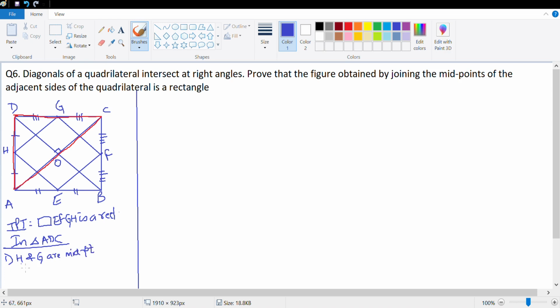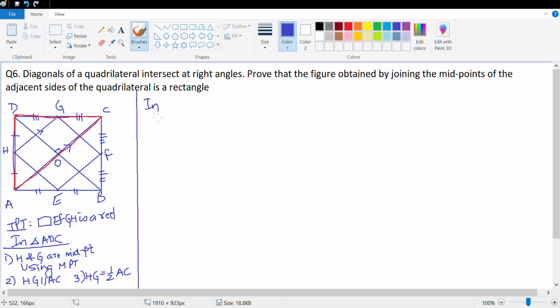So using the midpoint theorem, what do I get? Number 2, HG is parallel to AC, and number 3, HG is equal to half AC.